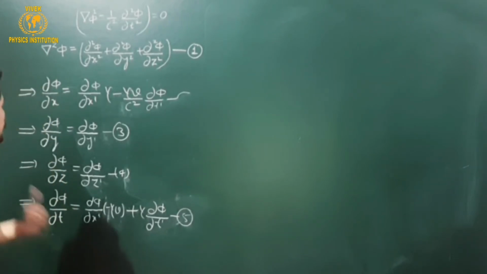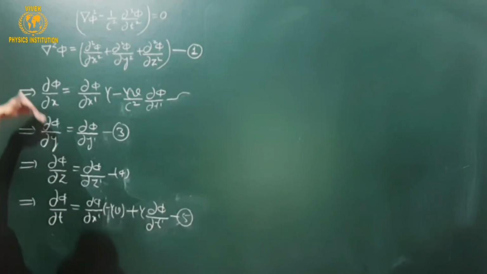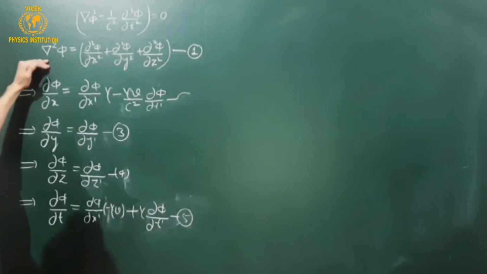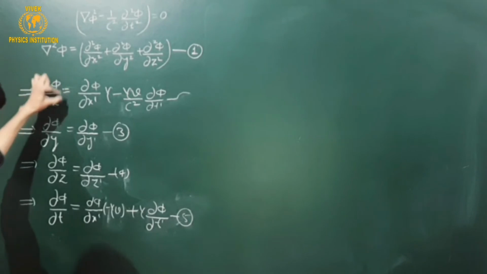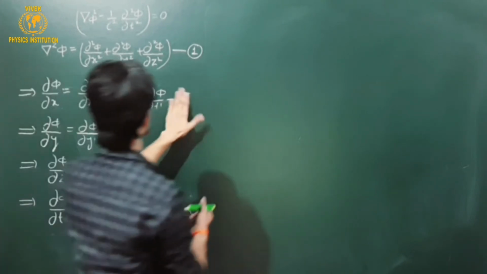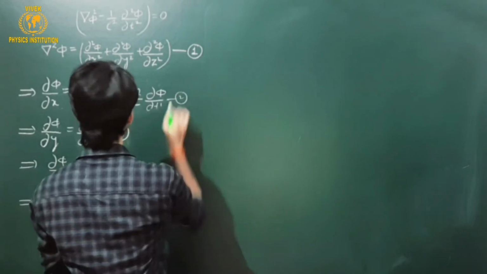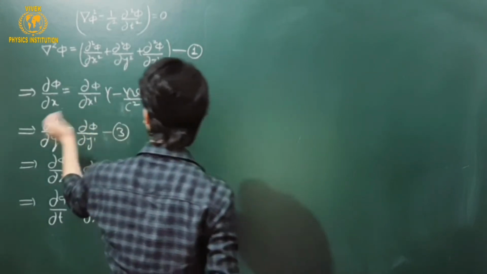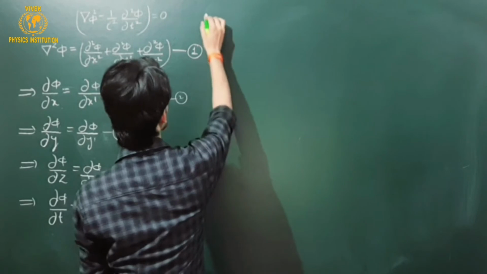But I will have to find the del square. It means the second order derivative of phi with respect to x, y, z, t respectively. So for the convenience, let me concise these equations.